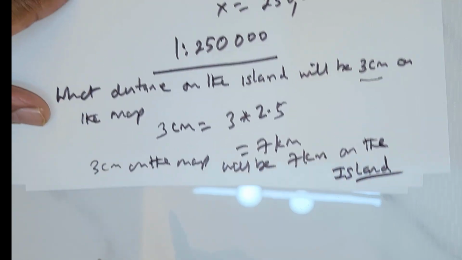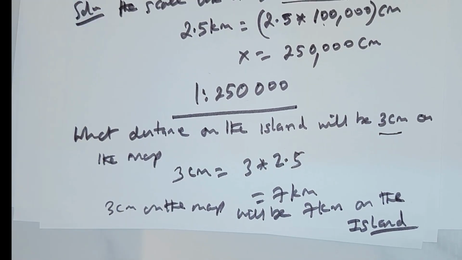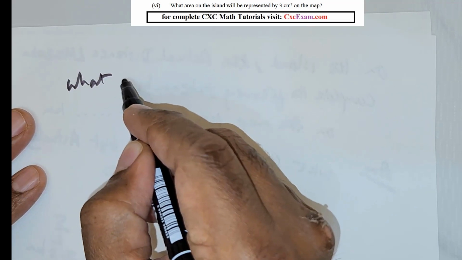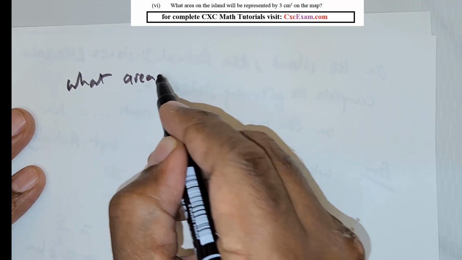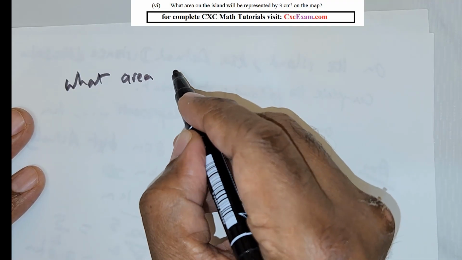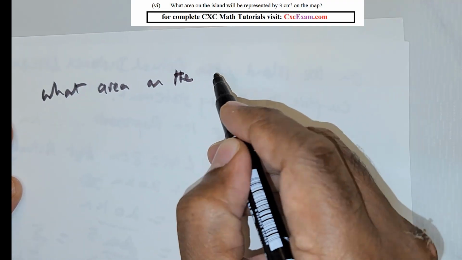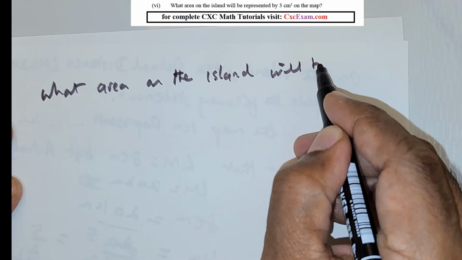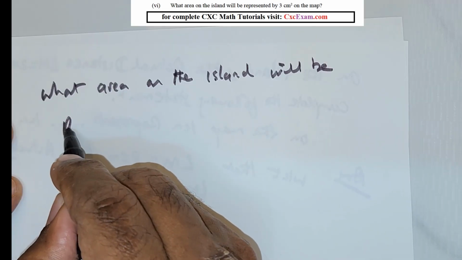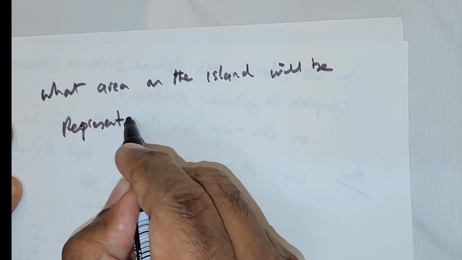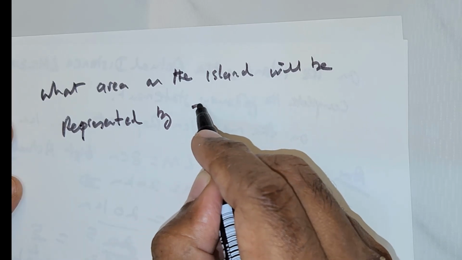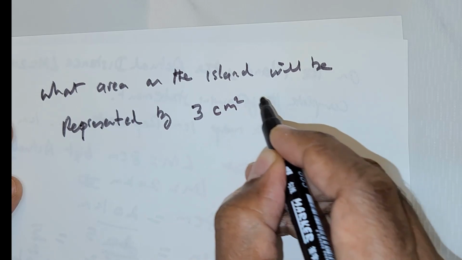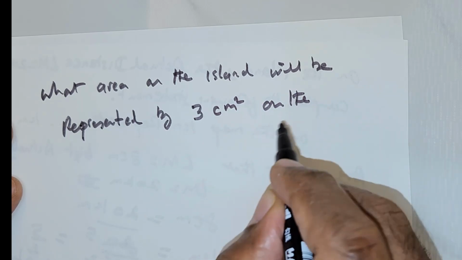Okay, so that's the solution, and we got one more to go. So this is the next one. The question is, what area on the island will be represented by 3 cm squared on the map?